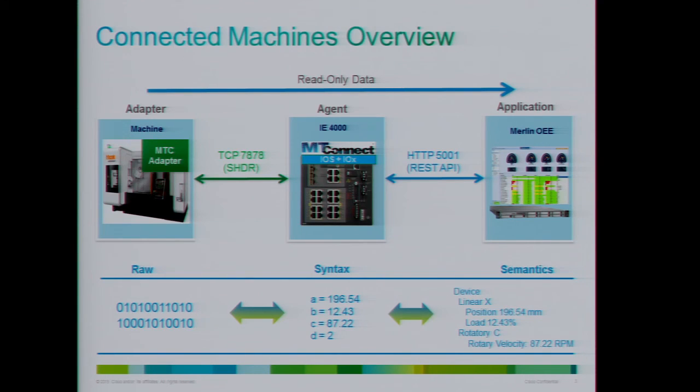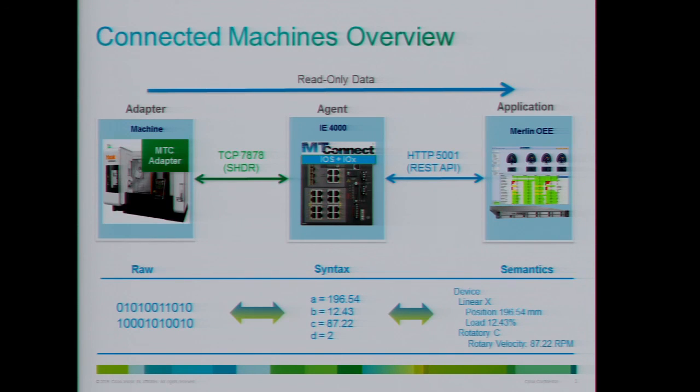And if it doesn't see an acknowledgement, then it will resend the data. So your data transmission is guaranteed, and if some anomaly happens, it will be buffered, and you will see the data when your connectivity restores. So it's a TCP connection, and SHDR is nothing but raw data. And on the other side, it's pulling the REST API from the XML so that you can see a graphical view of the same data.